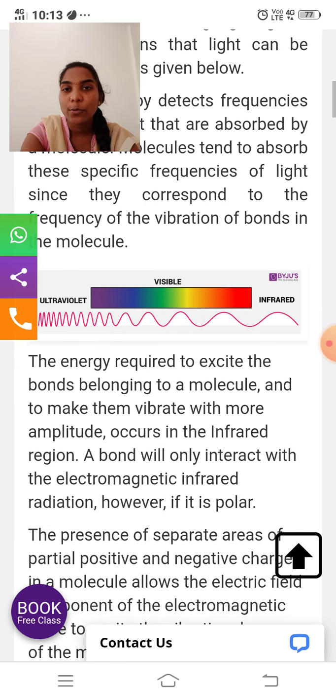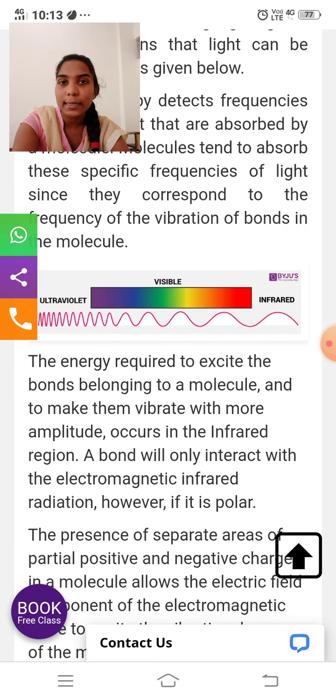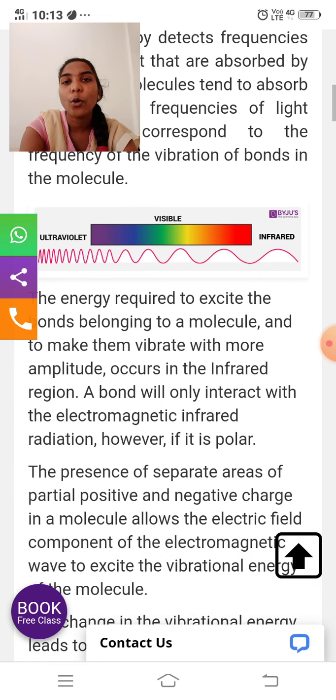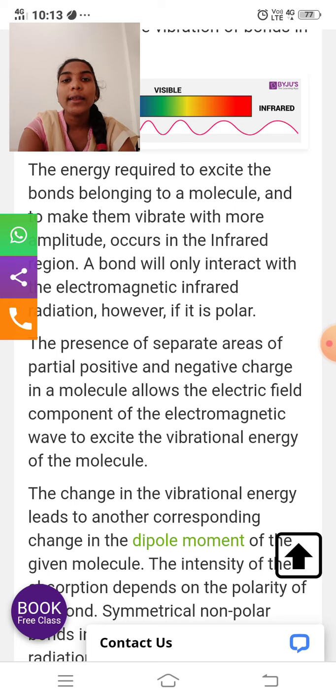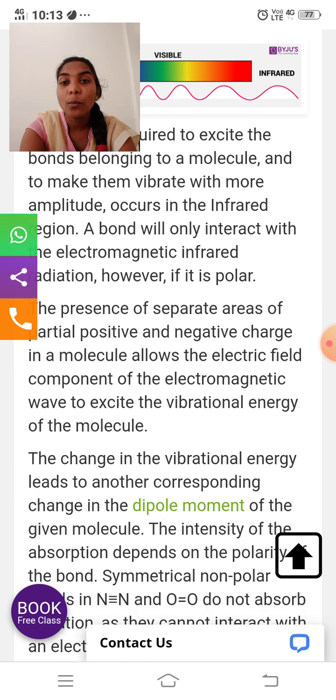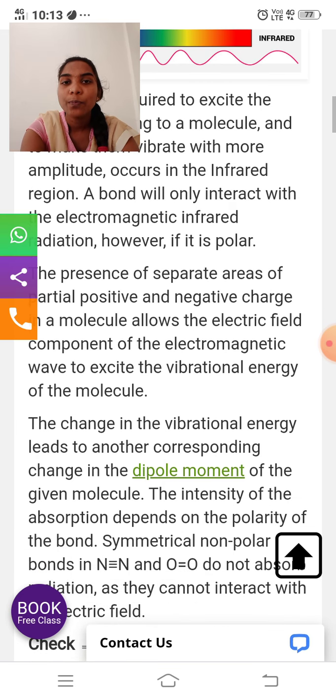Molecules tend to absorb specific frequencies of light since they correspond to the frequency of the vibration of bonds in the molecule. The energy required to excite the bonds belonging to the molecule and to make them vibrate with more amplitude occurs in the infrared region.